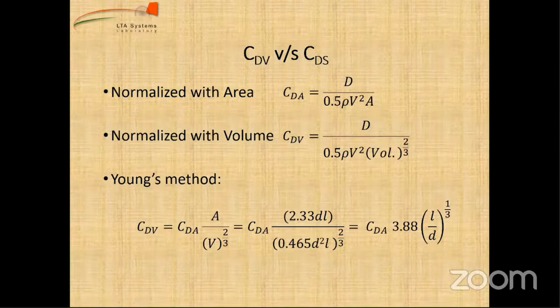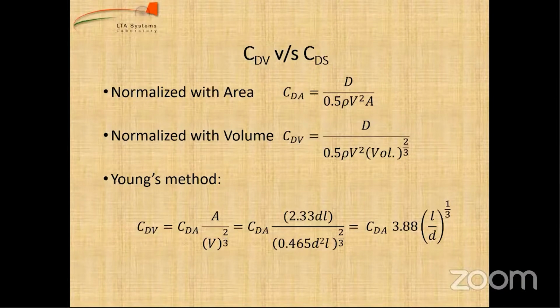And we have a technique to find the volumetric drag coefficient once we have our area drag coefficient, by multiplying it by 3 by 3 into L by D power 1 by 3. So using this relation by Young's relation, we can calculate the volumetric drag coefficient of a given body once we know our area normalized drag coefficient. Okay, so this is to be kept in mind.